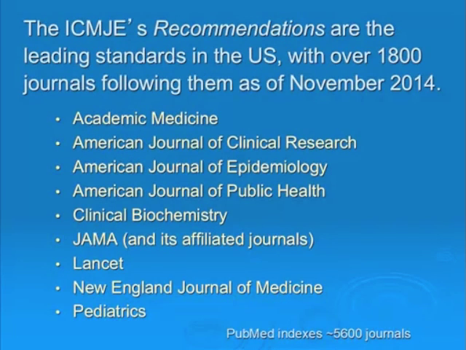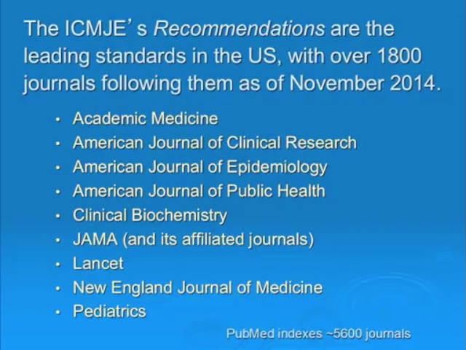When we want to think about how important these standards are, there are over 1,800 worldwide indexed publications that follow and have signed a document saying they agree that they will adhere to and promote the International Committee Standards on Ethics, or Standards on Manuscripts, including some that I think everybody in the room would be really proud to publish in.